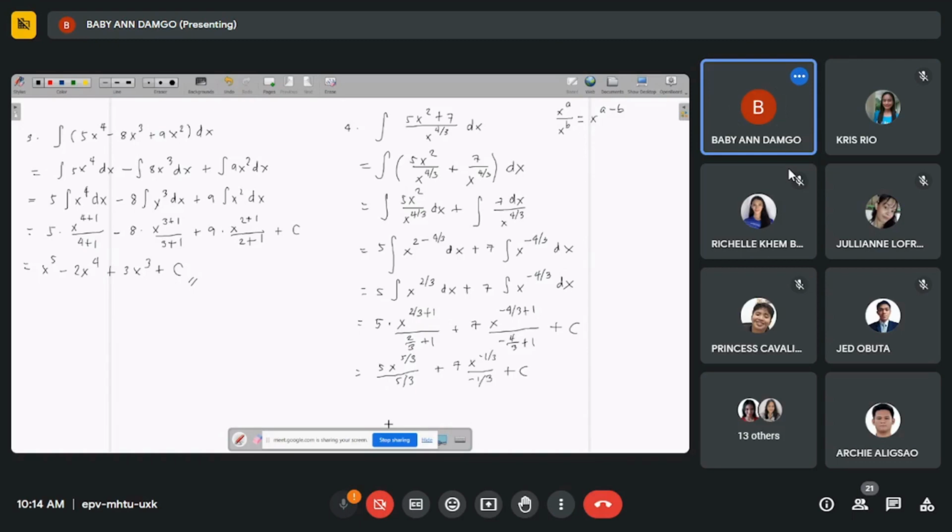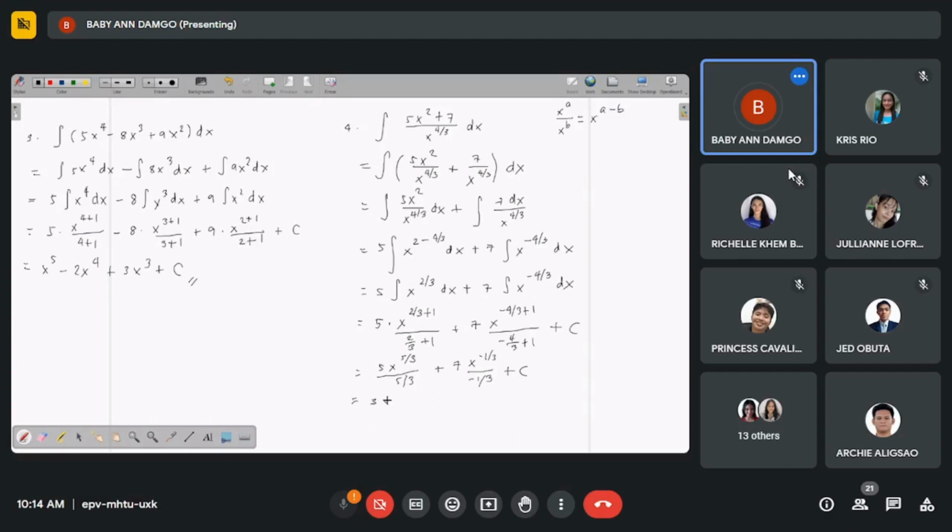Okay, so simplify. 5 over 5 over 3 is just equal to 3x to the power of 5 over 3. And here we have minus 21 x to the power of negative 1 third plus c.